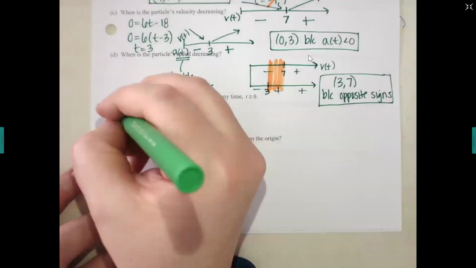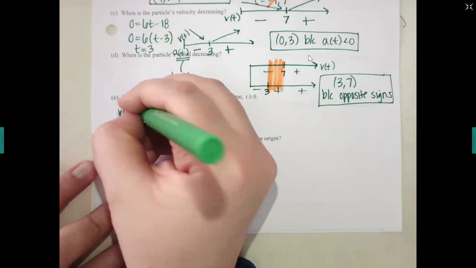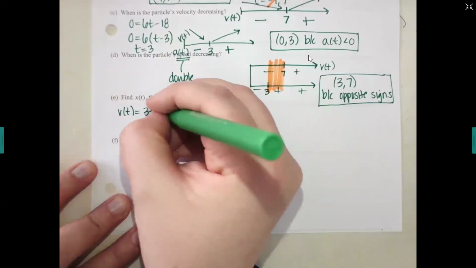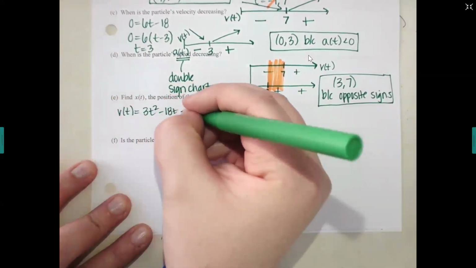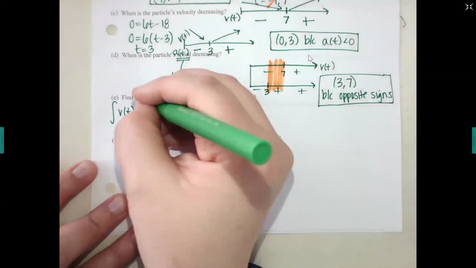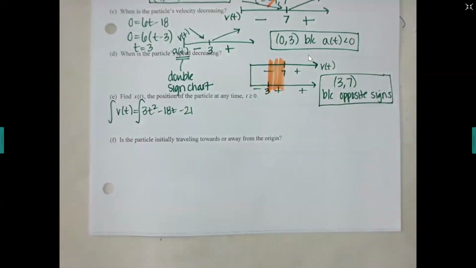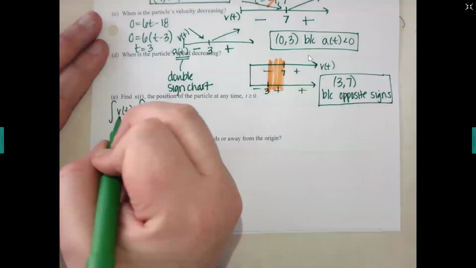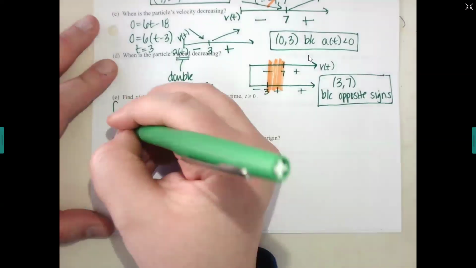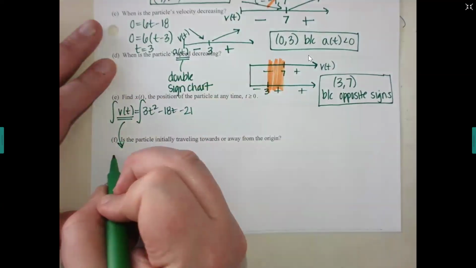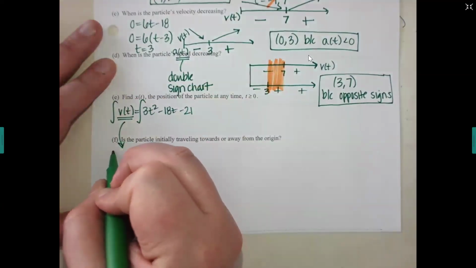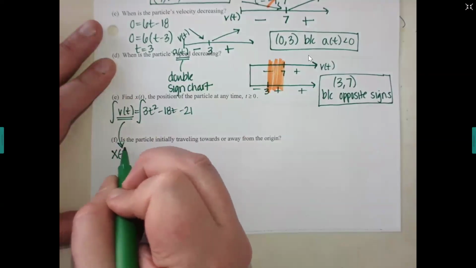So your velocity equation was 3t squared minus 18t minus 21, integral. The antiderivative of velocity is going to bring us back to what? Position, which would be x of t.